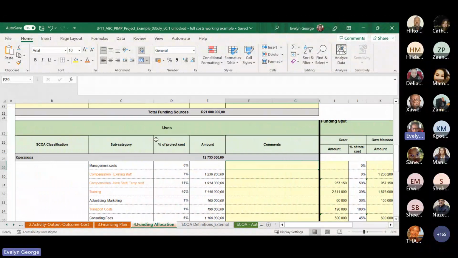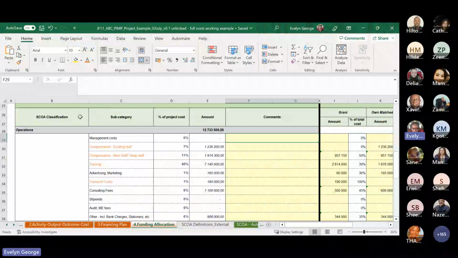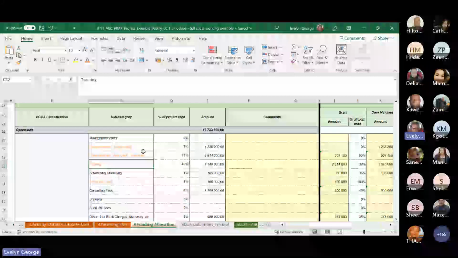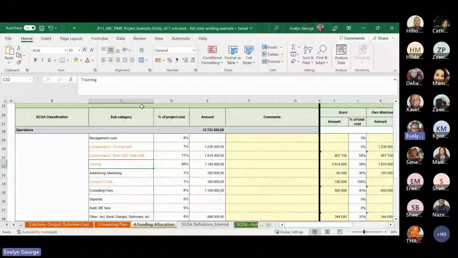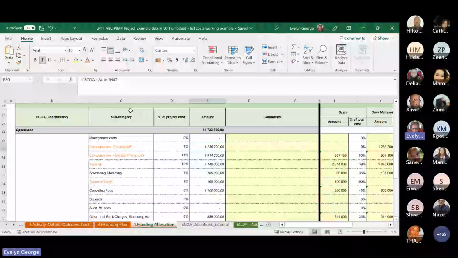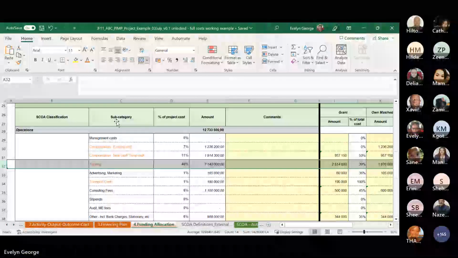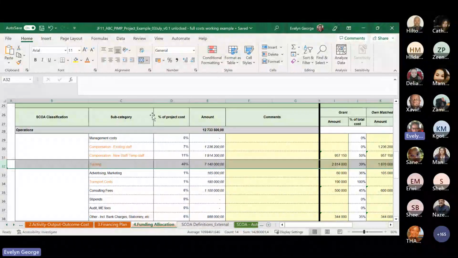And if we look at how we treated the training, we are able to put X amount into training, which also assists the project to manage their 20% current costs that are being carried by the project. But we also see that training is a big contributor to the project cost and implementation.